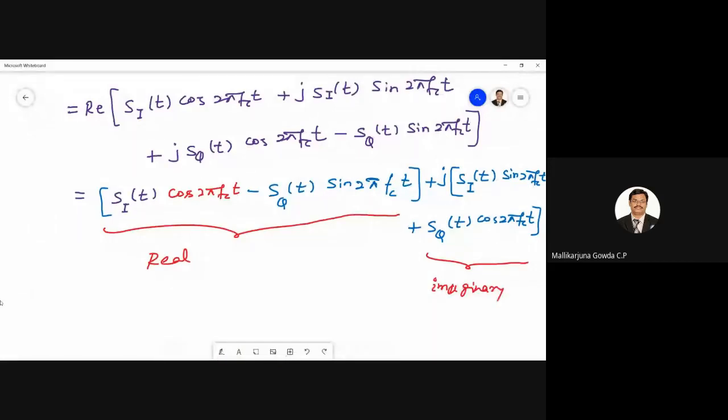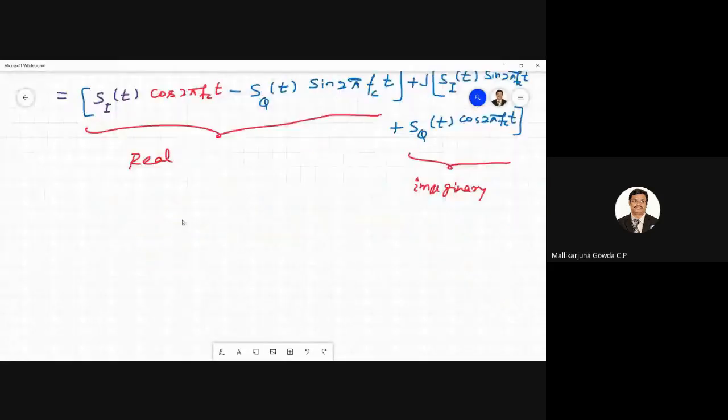So with this, can I write s of t is equal to the real part of that, right? So shall I write only si of t, that is the first term? Is that fine?